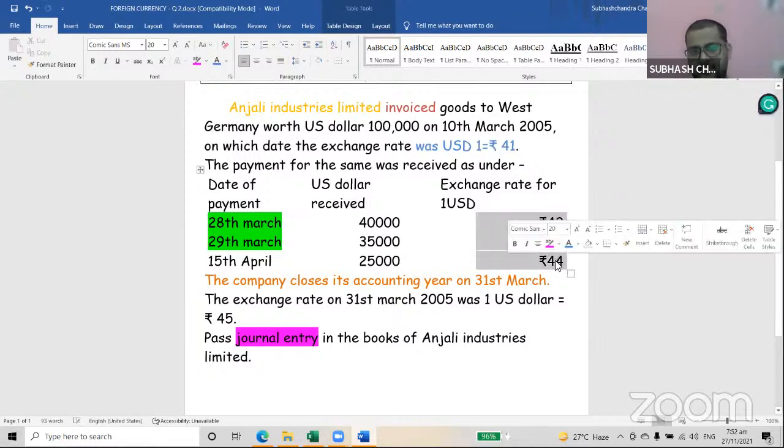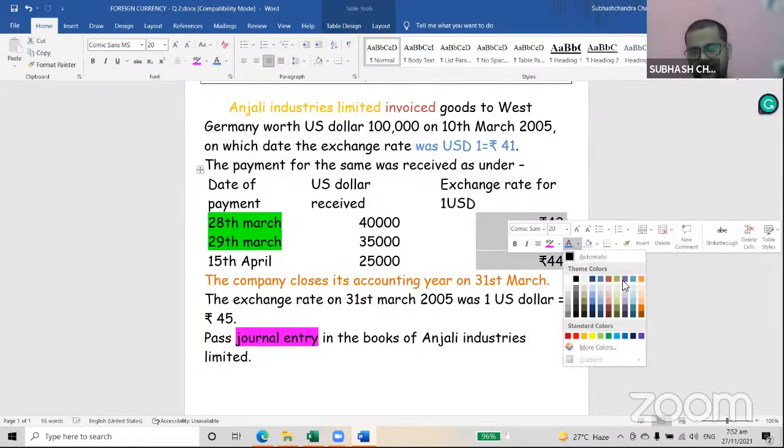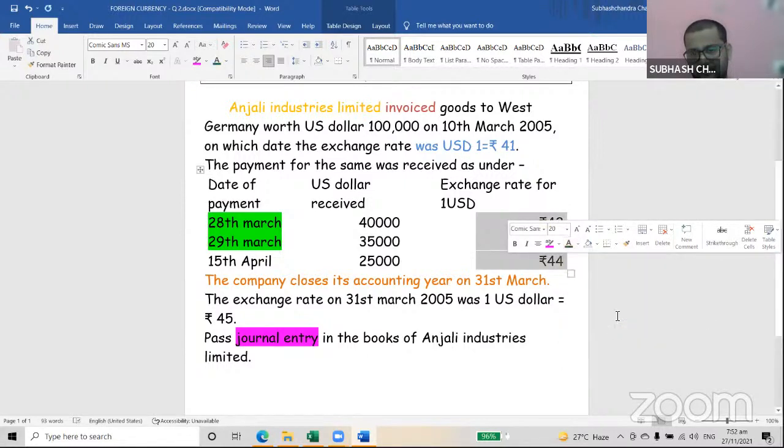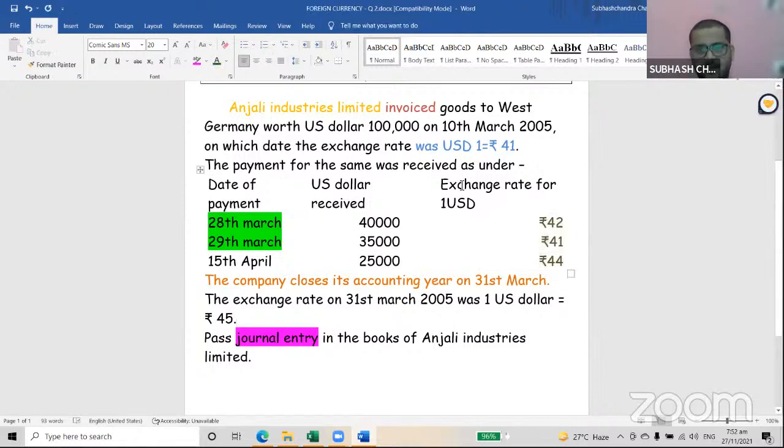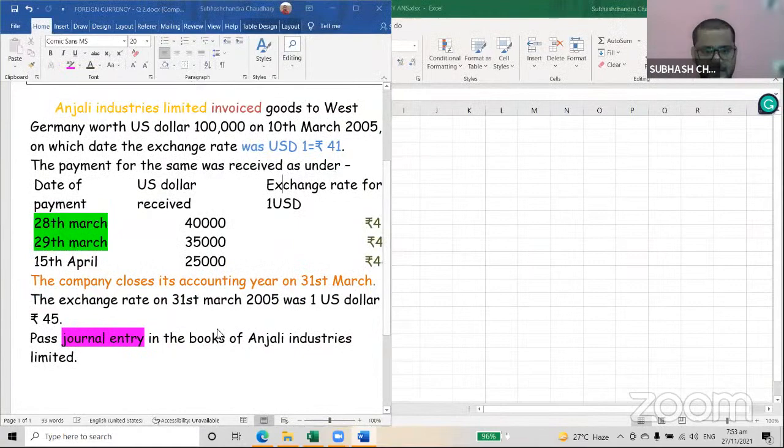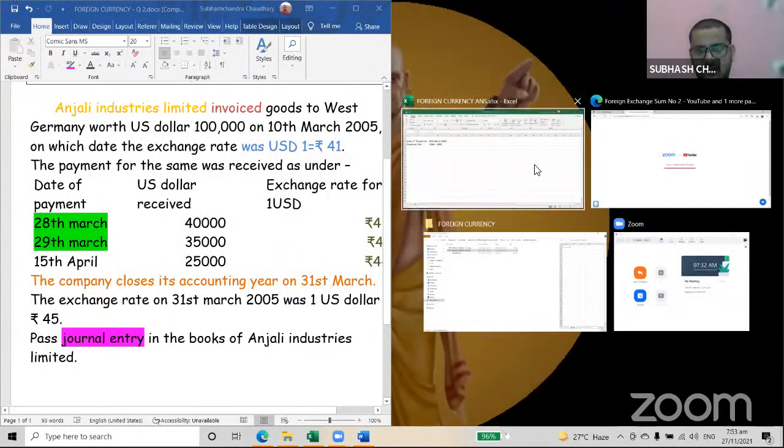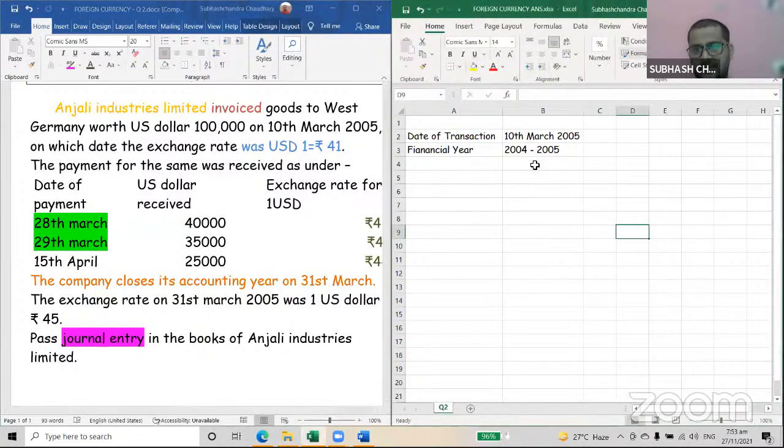Try to check the rates. Rates are also very important. Based on this, we will record the transaction. Now I am setting it on the left side. I hope the question is visible, and your answer sheet on the right side.